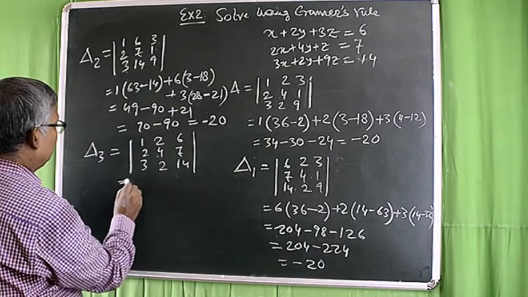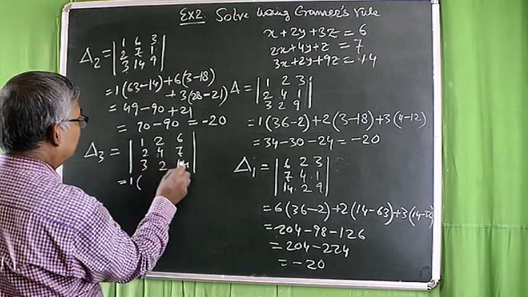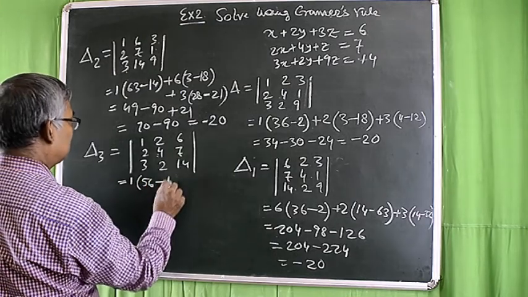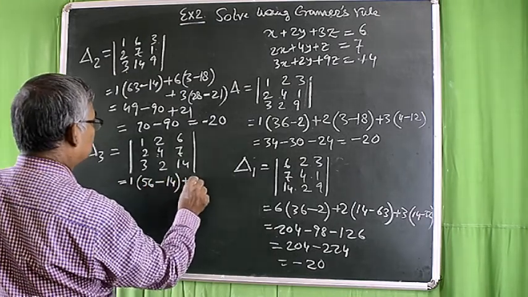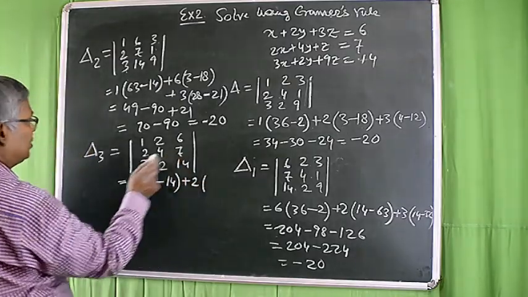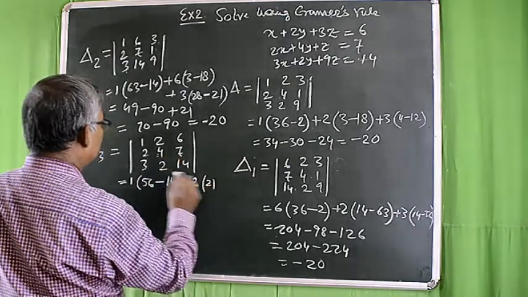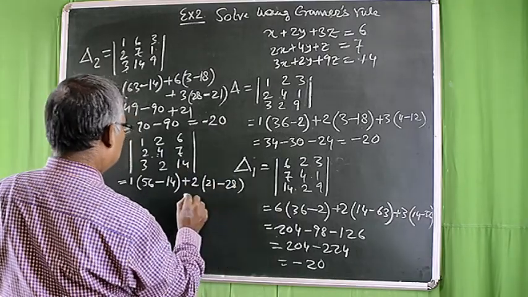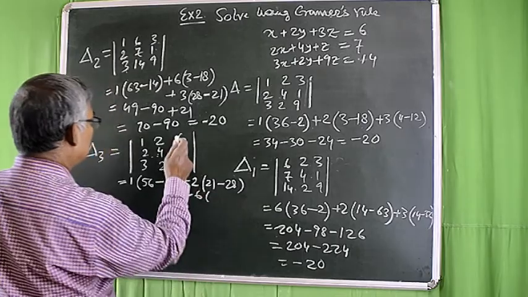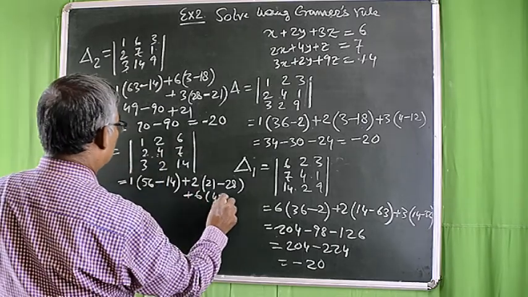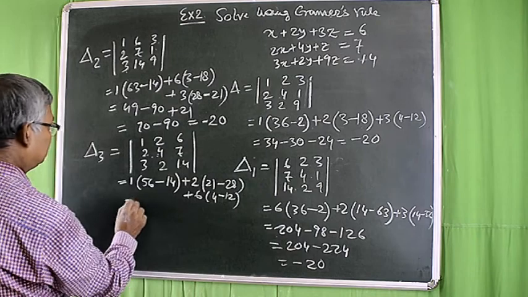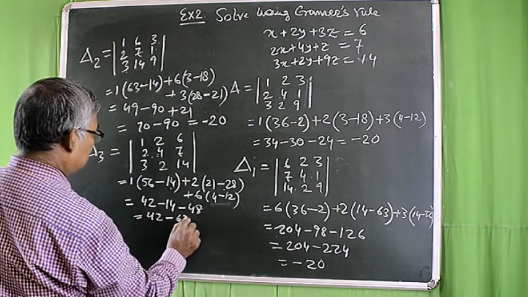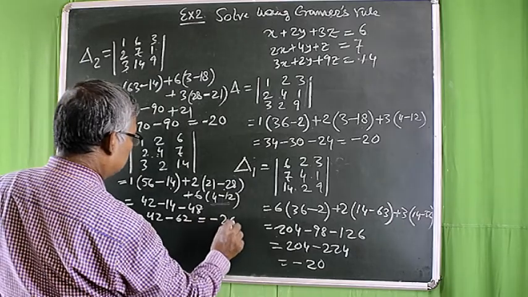This equals 1 into 4 into 14, that is 56, minus 2 into 7, 14, plus 2 into 7 into 3, 21, minus 28, plus 6 into 4, minus 12, that is 42 minus 62 equal to minus 20.